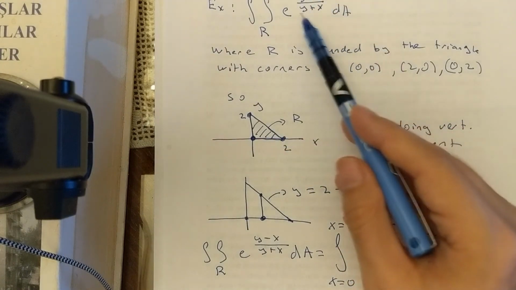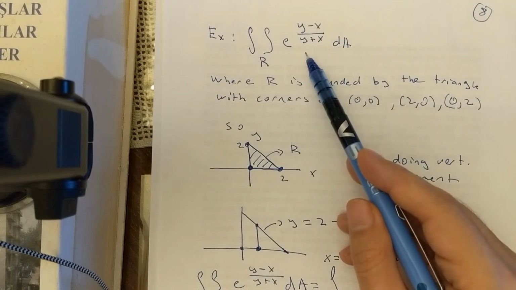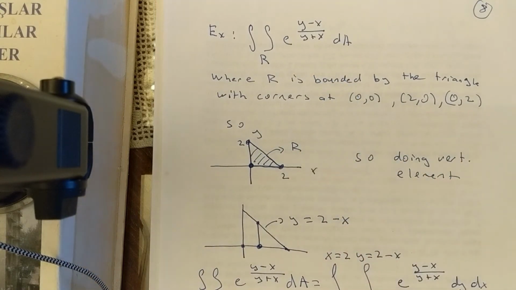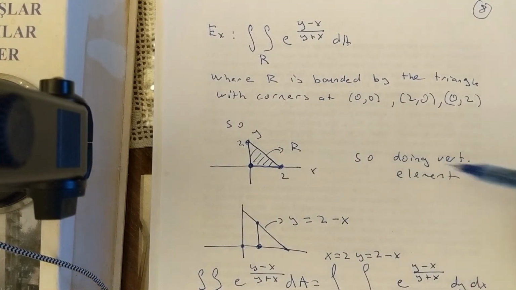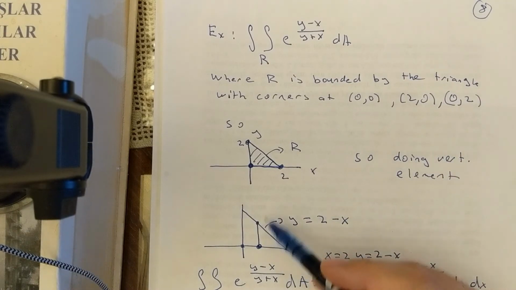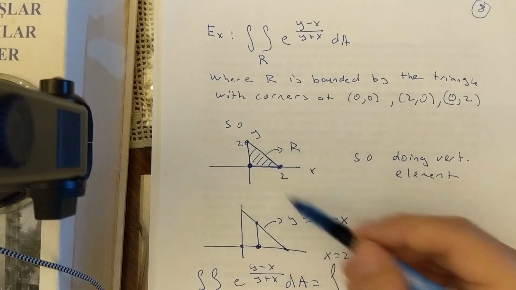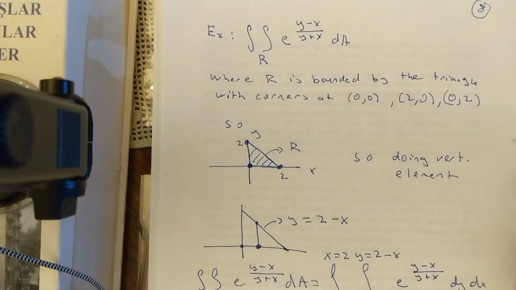And we want to integrate this function, e to the y minus x over e to the y plus x, over this region. I'm going to do vertical elements. We need to find the equation of this line. That's easy, right? That's just going to be y equals 2 minus x.